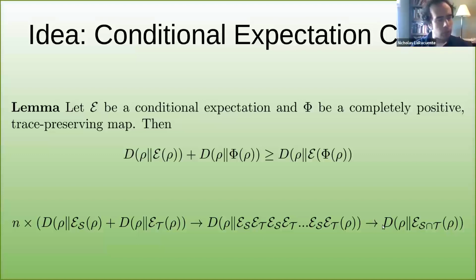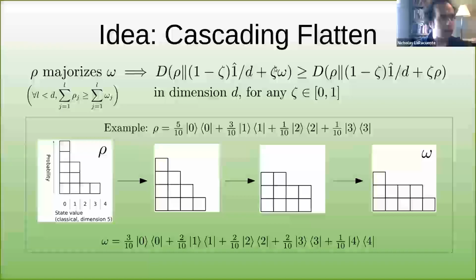Now, to make that more quantitative, we had to introduce another idea, which is what I call a cascading flatten. This is a lemma proved for two states, rho and omega, where omega satisfies this majorization condition.